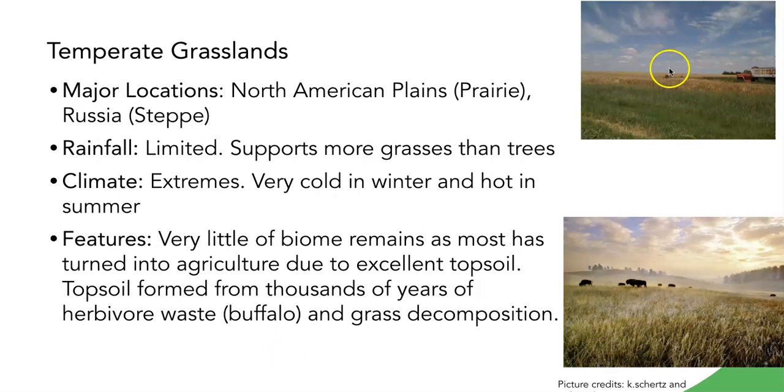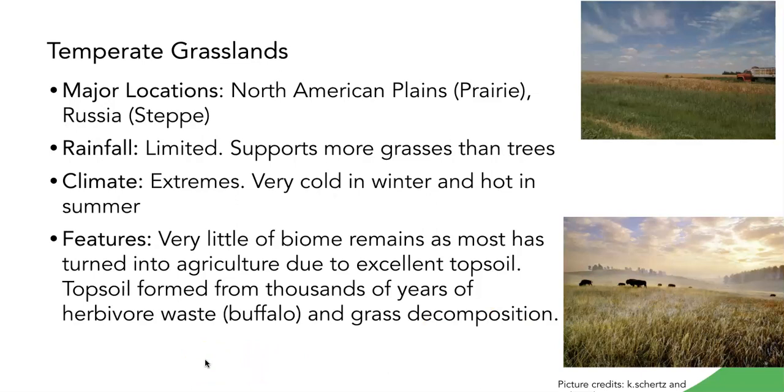And then the top picture is mine of a trip I took to Kansas. That's wheat, and there's some grass. And then the bottom picture shows that historically we've had huge buffalo herds in the prairie.